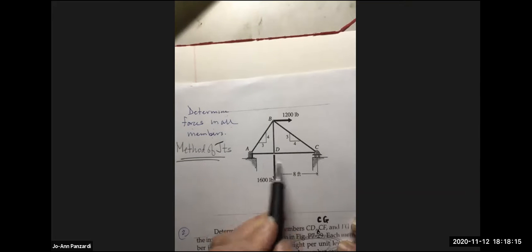Okay, Peter? Yes. Okay, Peter, looking at the overview, what was the first step in method of joints? We need to determine the zero force members. Correct. Are there any zero force members in this? Does any joint follow the rules of rule 1 or 2 for zero force members?